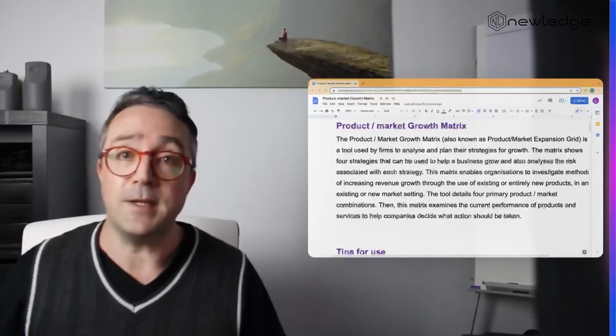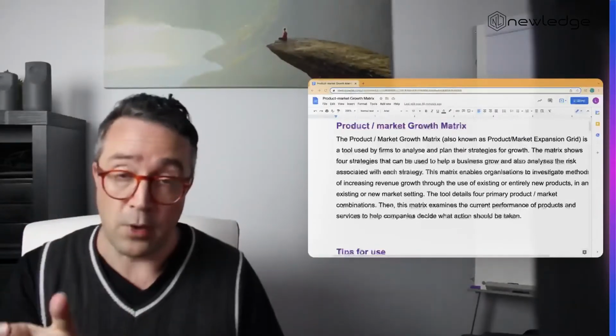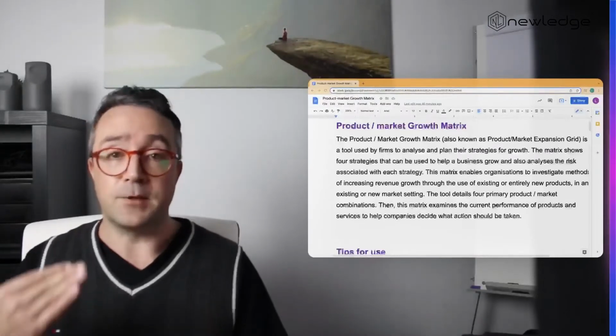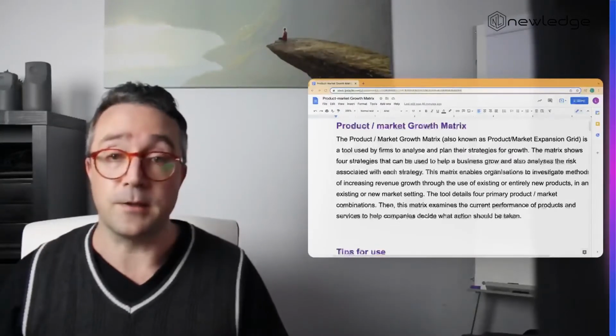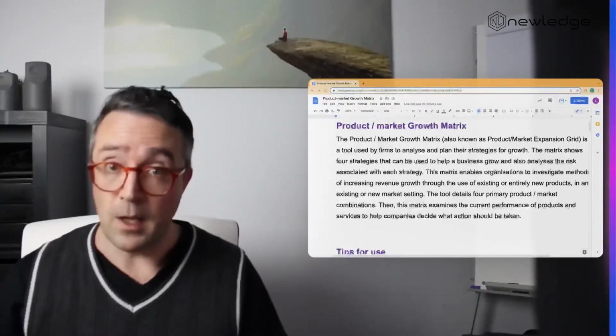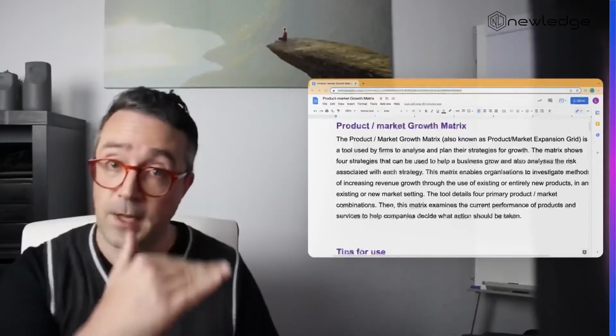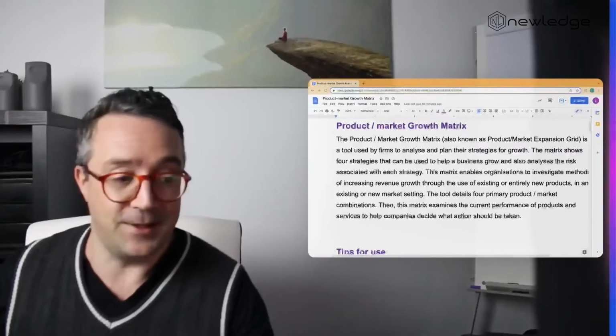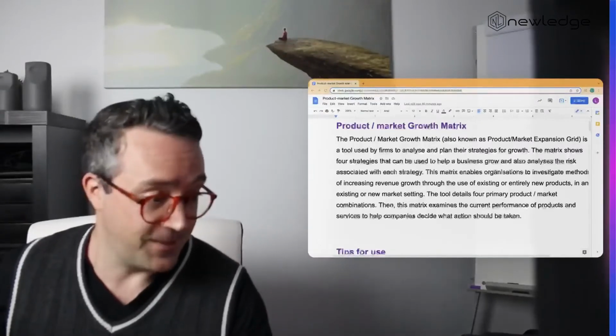The tool then details 4 primary product market combinations. It's a really good tool because it diagnoses the type of growth strategy and then it prescribes tactics based on that growth strategy. Of course, it has its limitations, but let's dive into it.